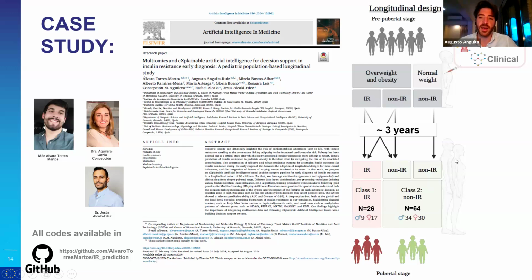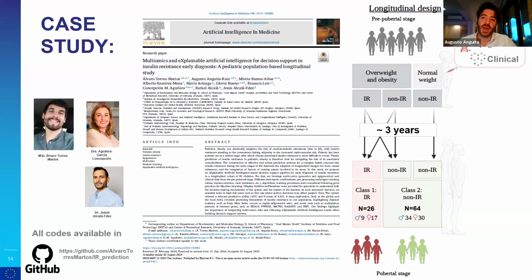In this case, it is a health outcome related to childhood obesity, to metabolic syndrome, which is known as insulin resistance, which is the previous stage to developing diabetes or this kind of glucose homeostasis problems.